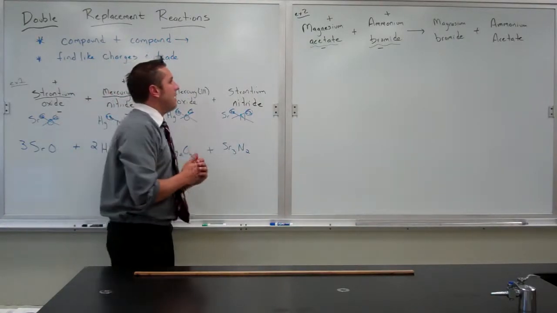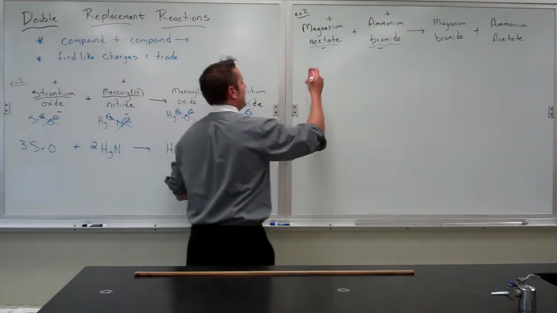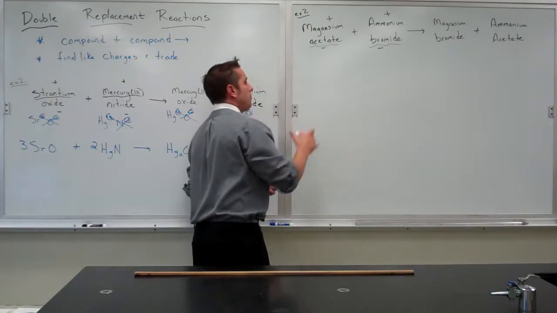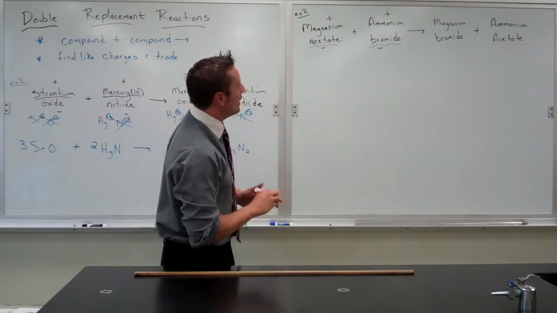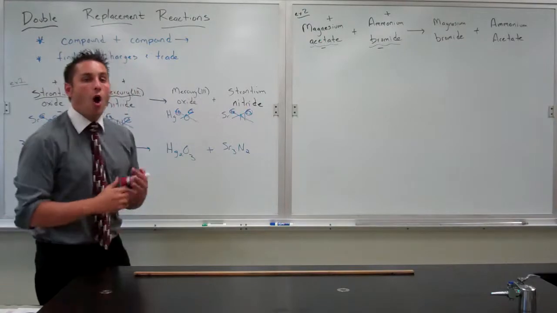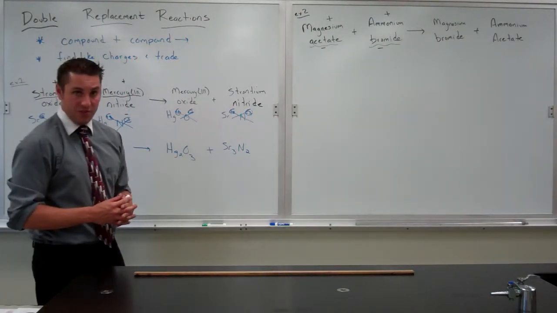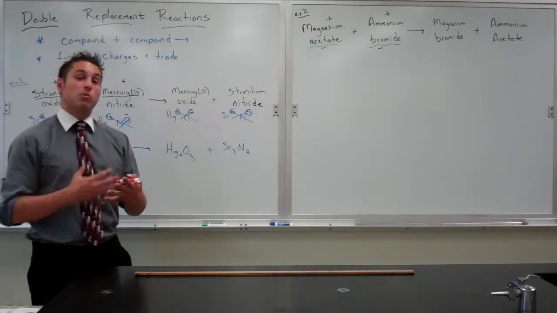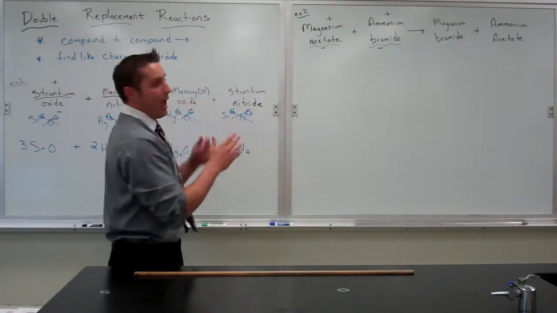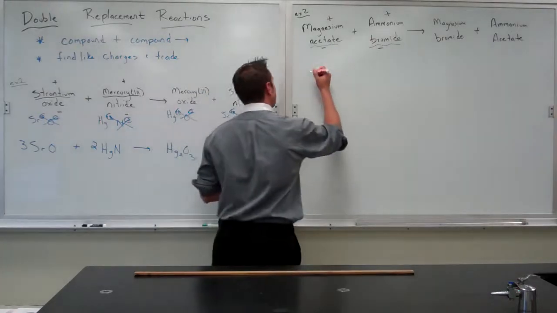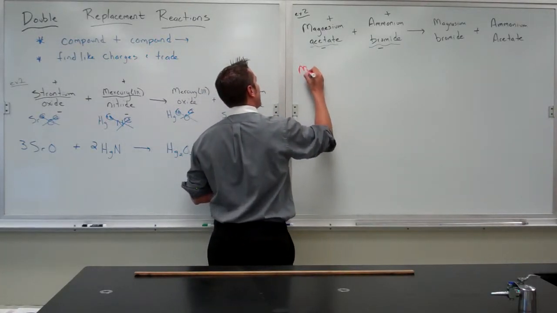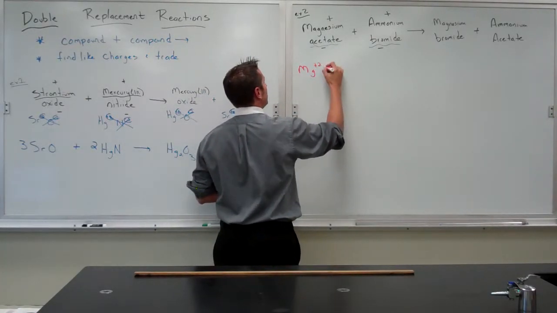And now we want to write and balance this thing. So, magnesium acetate, ammonium bromide, magnesium bromide, and ammonium acetate are all compounds. None of them have prefixes, which means we are going to do symbols and charges and cross them for every one of these. So magnesium is Mg plus 2.